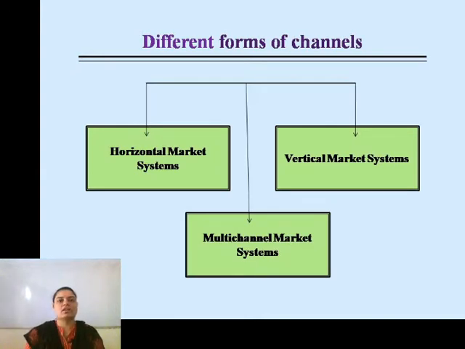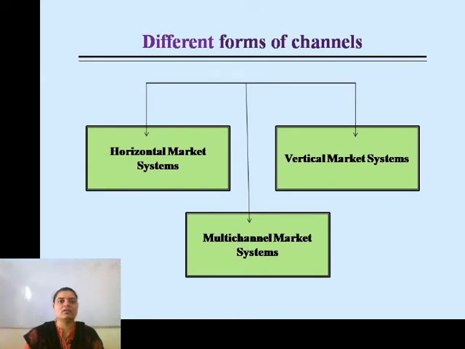Horizontal channel integration refers to the process of combining firms of similar function level in the marketing channel under one management. For example, the owner of a dry cleaning firm can buy or integrate several other existing dry cleaning firms. Horizontal integration facilitates a firm to generate adequate sales turnover.